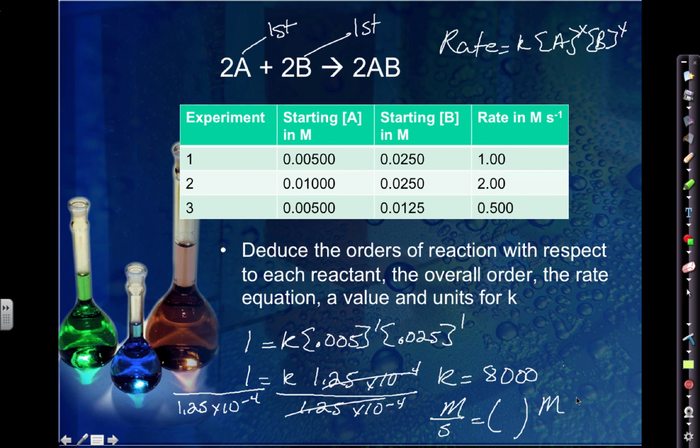So that'll just be molarity, multiplied by my concentration of B to the first power. All right, so I know that I need just one molarity, so I need to get rid of one of these molarities. So molarity needs to be on the bottom, so I can get rid of it. And then I also need a second on the bottom. So it should just be moles per liter to the negative first and seconds to the negative first. Or you can just memorize them, whatever way you prefer.